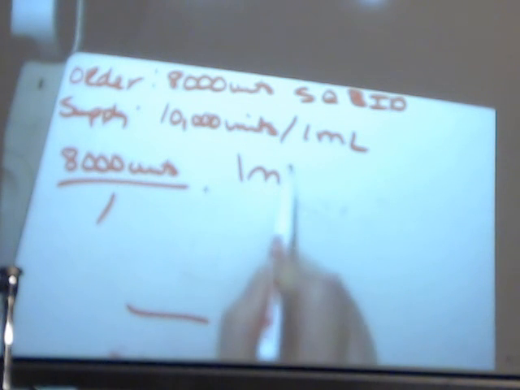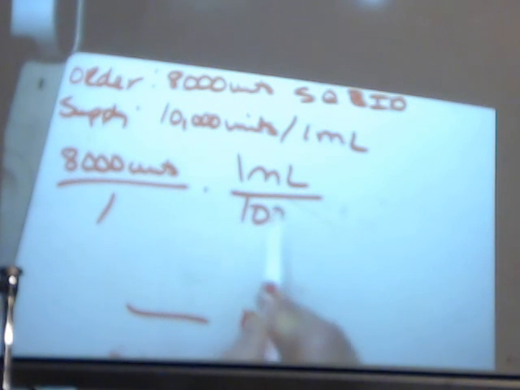Okay, so we're going to start with our order, 8,000 units over 1, and it wants to know how many milliliters. That's what our question asks. How many milliliters are we going to administer? And what we have on hand is 1 milliliter equals 10,000 units.